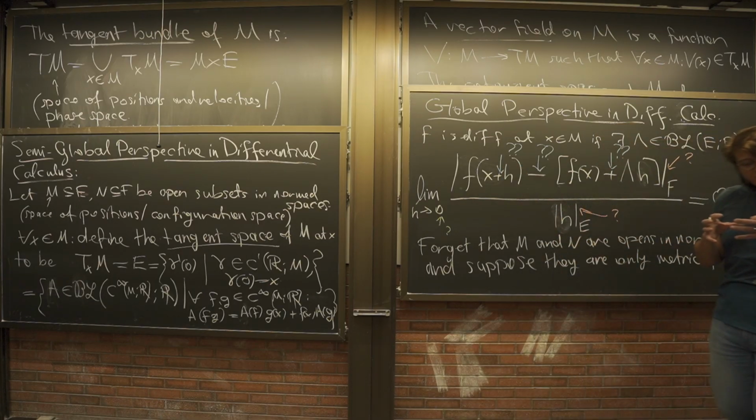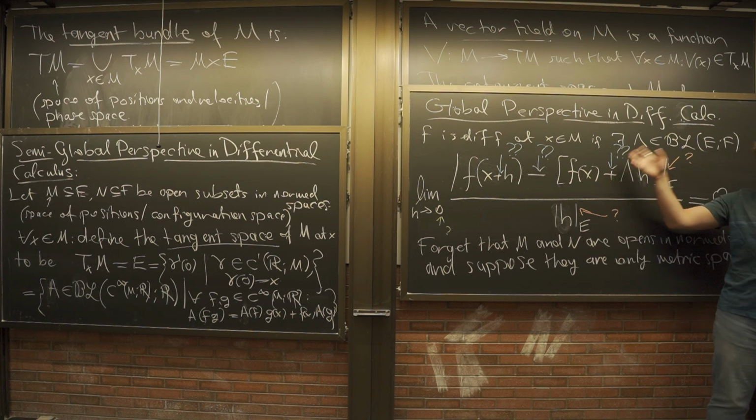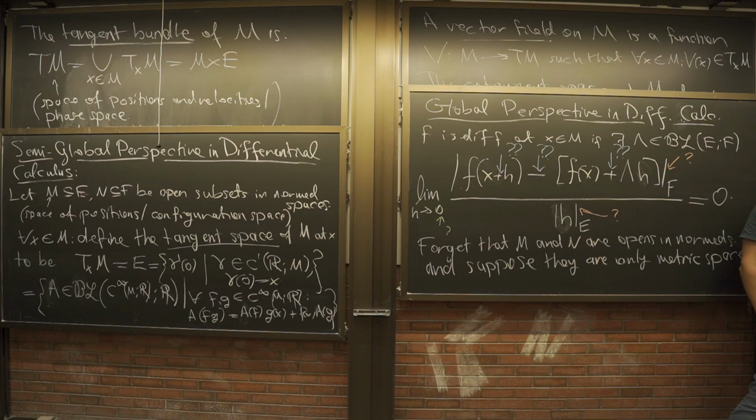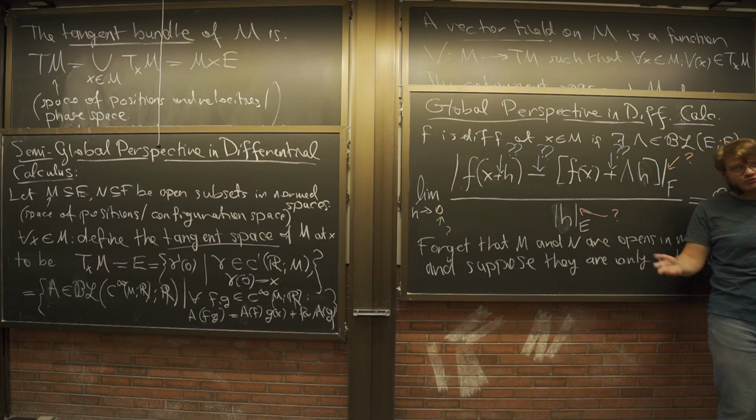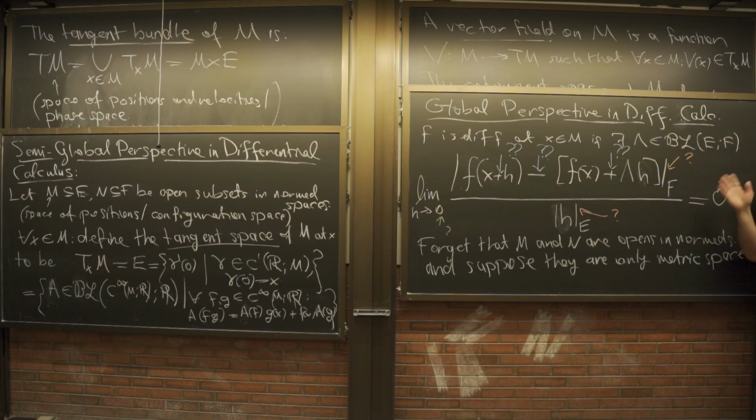For nearby points, some vector space structure kicks in. That's all you need, right? Because you're going to take the limit as h goes to 0. You don't need this plus to make sense for h very large. It does make sense in our case, but it doesn't say anything by way of Taylor approximation. Taylor works only up to higher order terms, right?